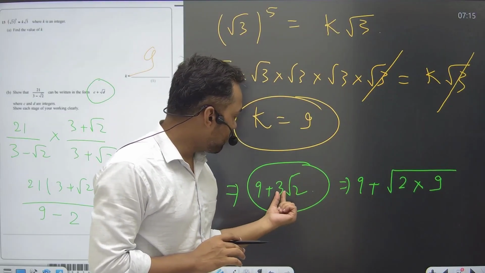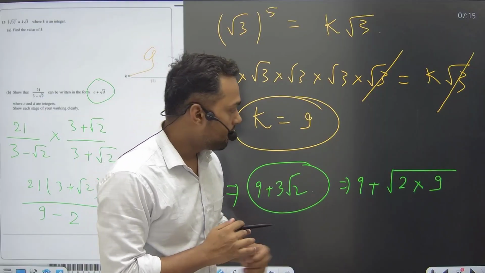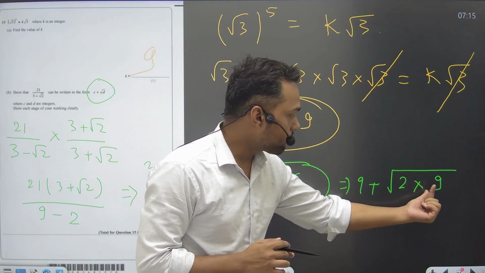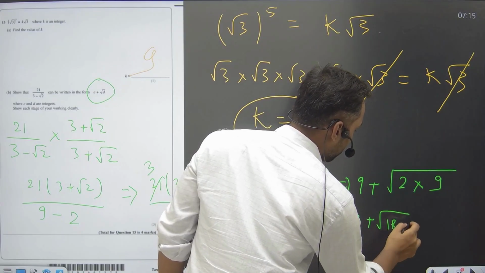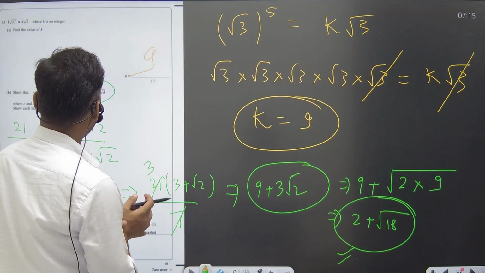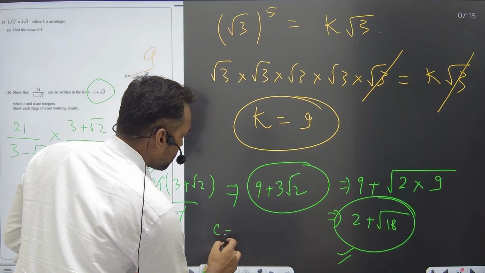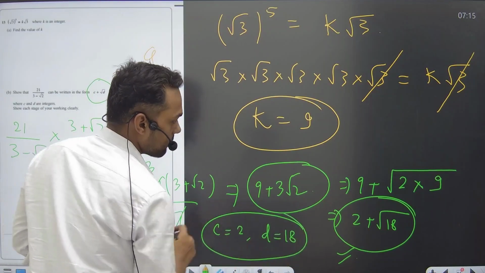So this 3 I have inserted in the root sign. So we get 2 times 9, so it will be equal to 9 plus root of 18. Okay. Now we have written it in the form c plus root d, where c is 9 and d is, student, 18. Okay.